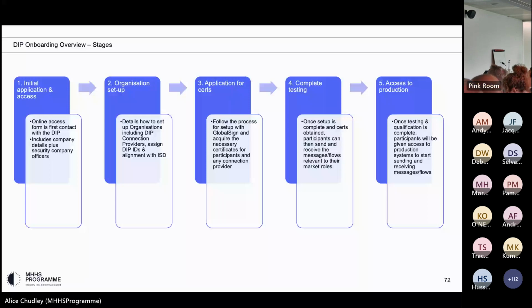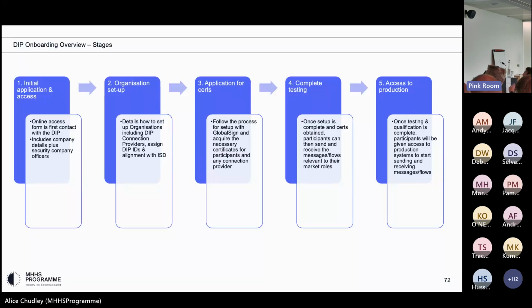So the guys have just talked you through quite a lot of detail about the onboarding process. So just to summarise what we've just been through, because some of that will be the enduring process, but a lot of you will be sitting there thinking, well, how is some of that relevant to the programme? So, of course, you need to come along at any point in time when you're being invited into CIT, SIT, and go through the initial application process in a similar way to what Chris talked about.